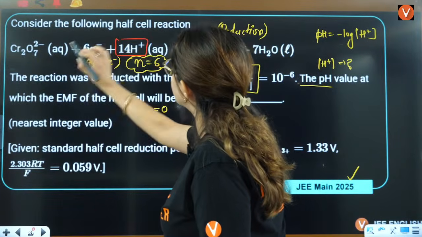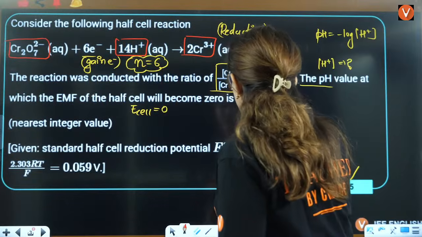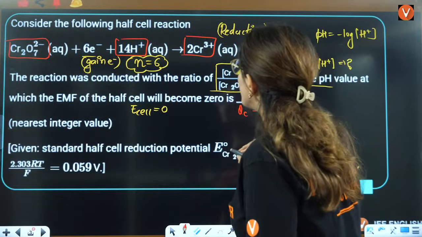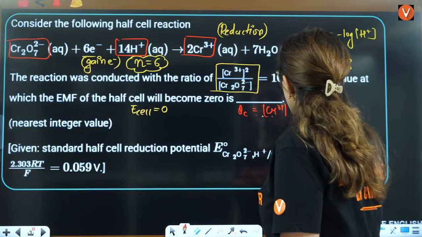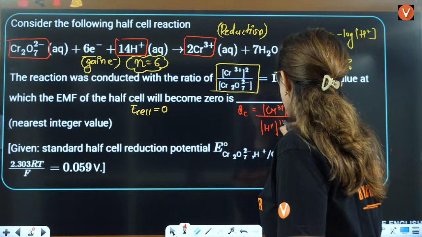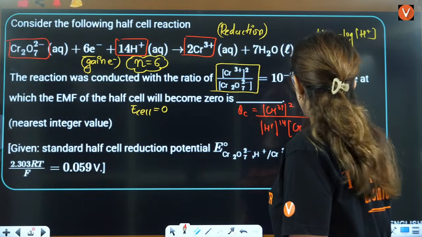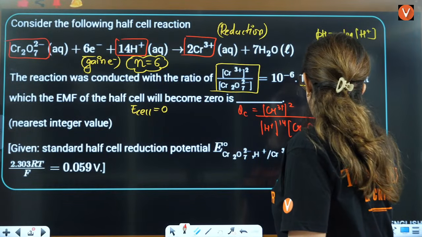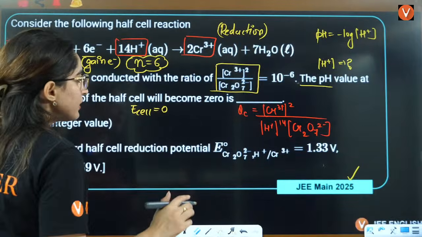Reactant ions are this one and this one. So you know what the value of Qc is here? Qc will be equal to Cr3 positive squared divided by H positive raised to power 14 and Cr2O7 2 negative, right? Okay, this is how they will write it.